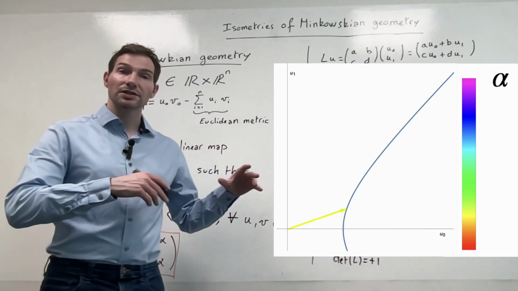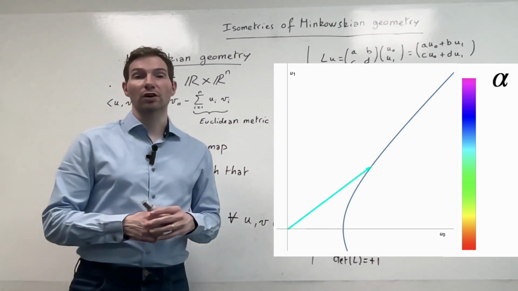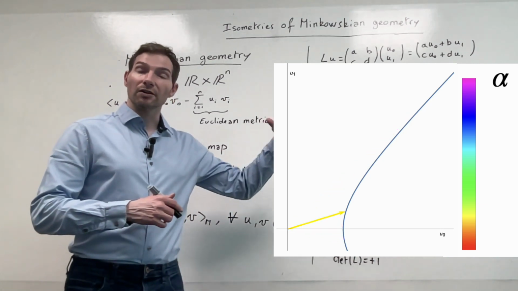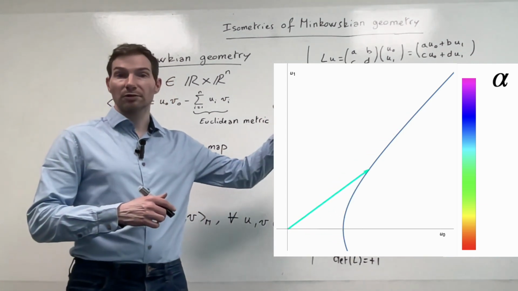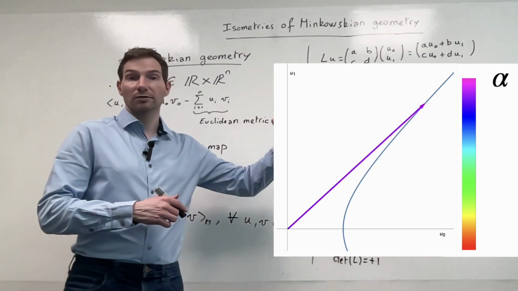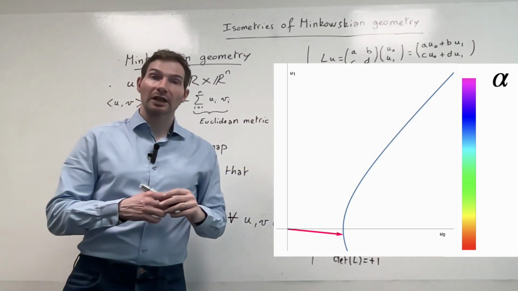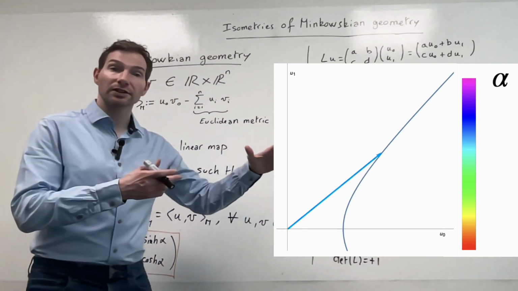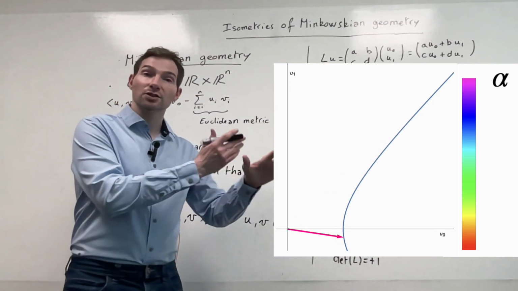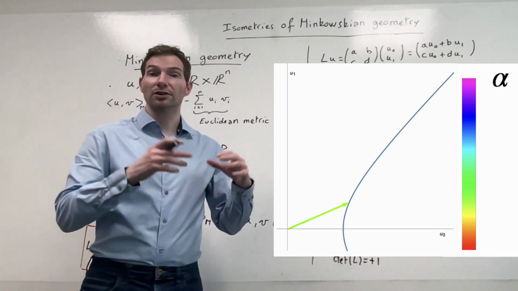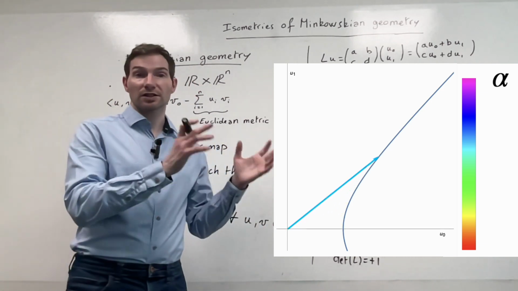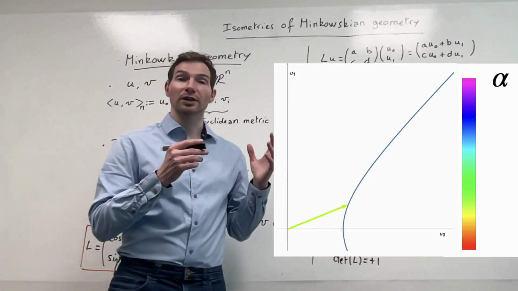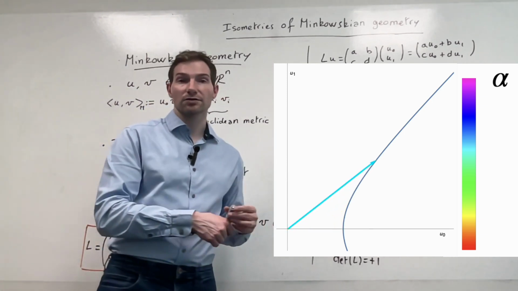As you increase the value of the parameter, you're going to see the vector going along this hyperbola, up to, in principle, infinity. And this particular set of transformations, if you apply it on two different vectors, is what gives rise to isometries, in the sense that the inner product between these two vectors is preserved by that transformation.